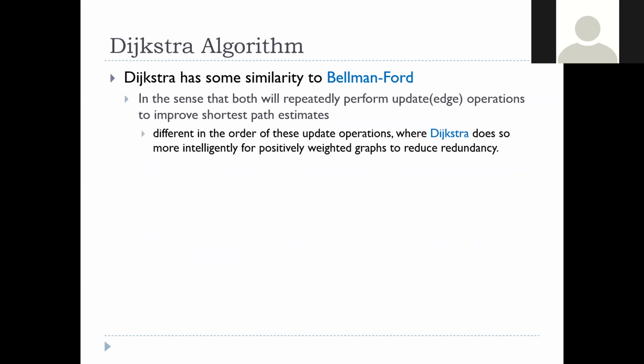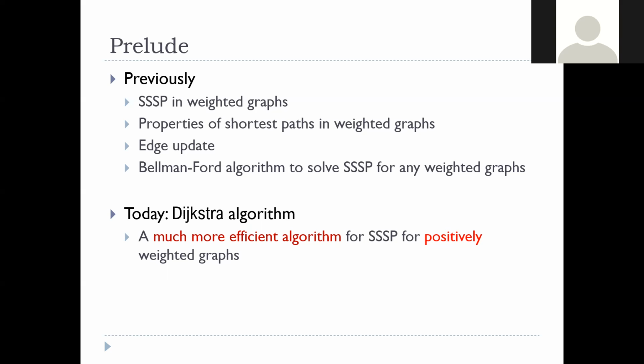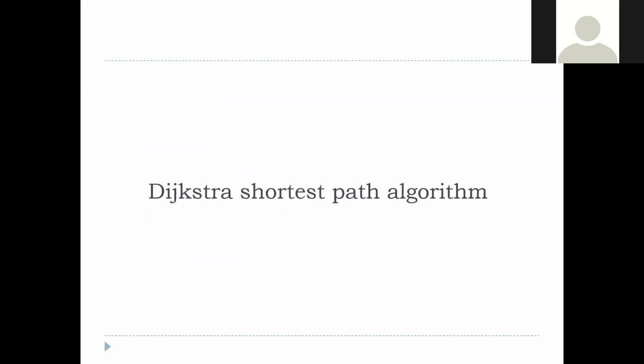Okay, all right. Now let me first say that it works only for positive edge weights, but this is by far the most natural and most common type of weighted graph in practice, because very often the weights of the edges carry meanings like distance or importance. So usually this is a positive number.